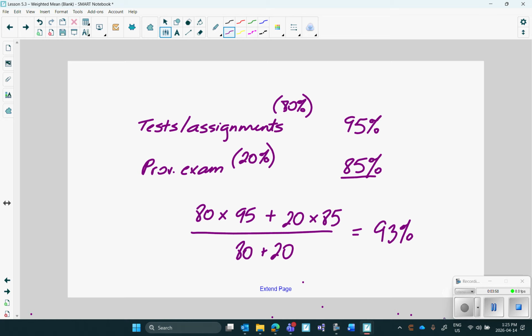So you guys can play the little mark game if you want. You can say, I'm going into the exam with an 87. What do I need on the provincial so that I don't get lower than 85? Well, you would do these types of calculations to figure it out.